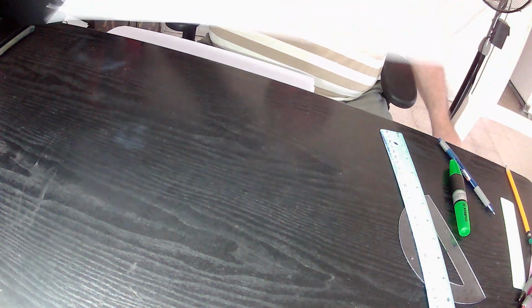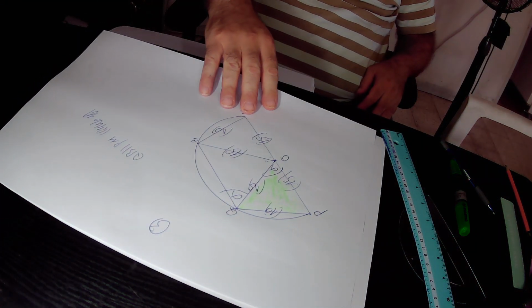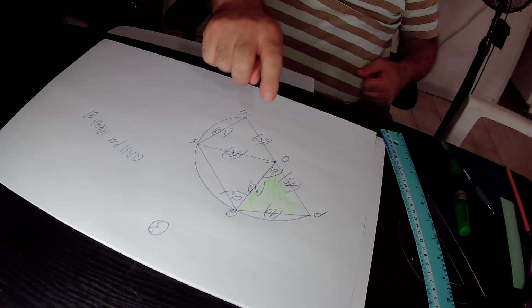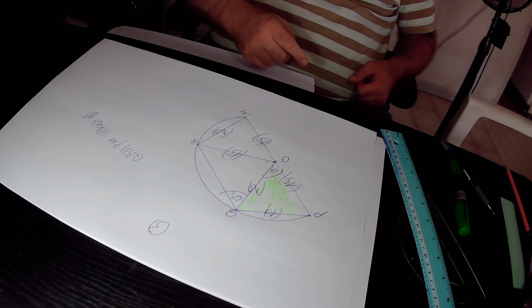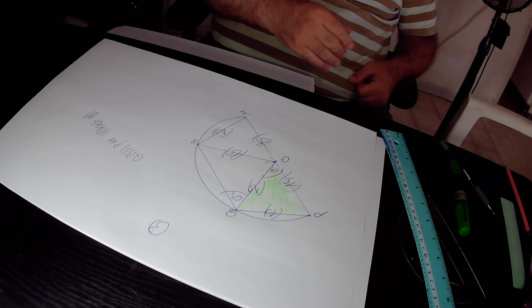So, in the next step, we will implement the law of cosines in this green triangle POQ. I'll copy the green triangle POQ in the new page, and we will implement the law of cosines in this green triangle.